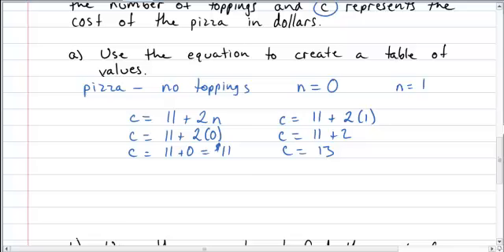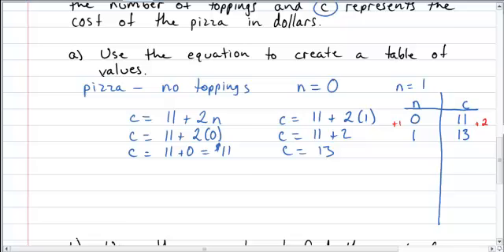So we have our input is n, and our output is C, then our table is going to look like this. We start with input of 0. The output is $11. If we have one topping, our output is $13. So our constants, when we're looking at our constants here, we're adding 1. When we add a topping, our price goes up by $2.